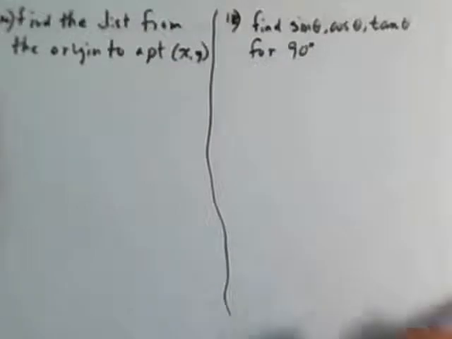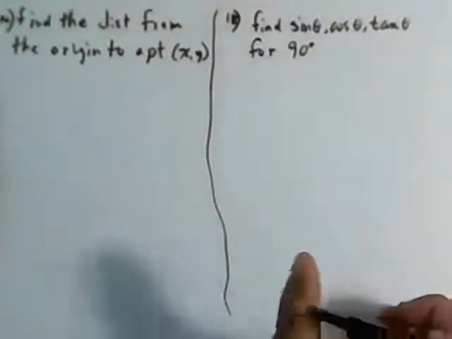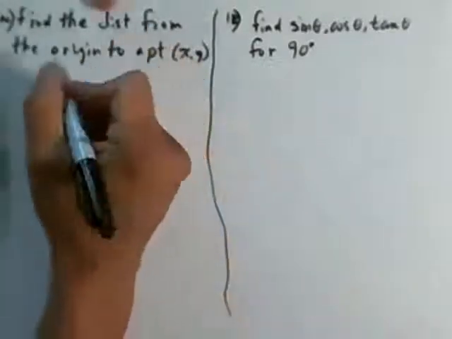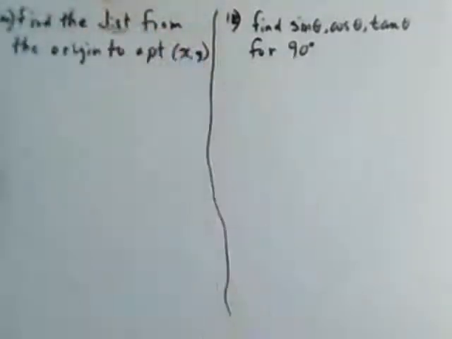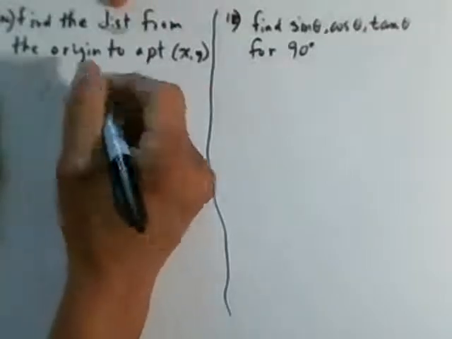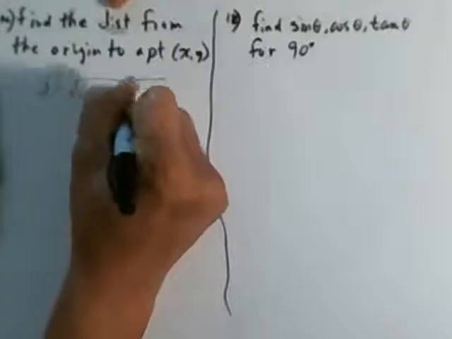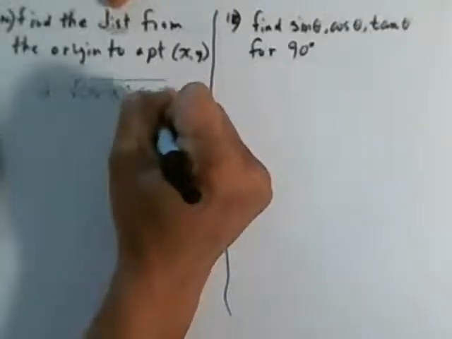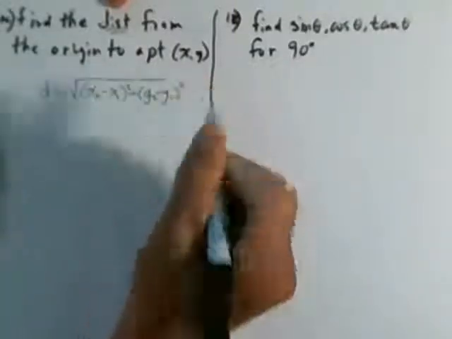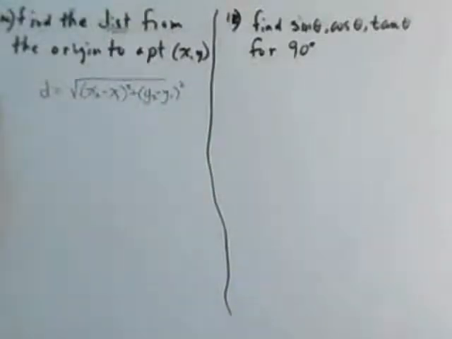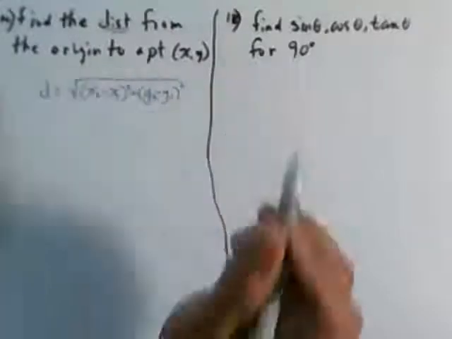Next problem. Number 10. Find the distance from the origin to a point x comma y. So we're looking for the distance right here. The distance is equal to the square root of x2 minus x1 squared plus y2 minus y1 quantity squared. So using the distance formula, let me put this a little bit nicer.